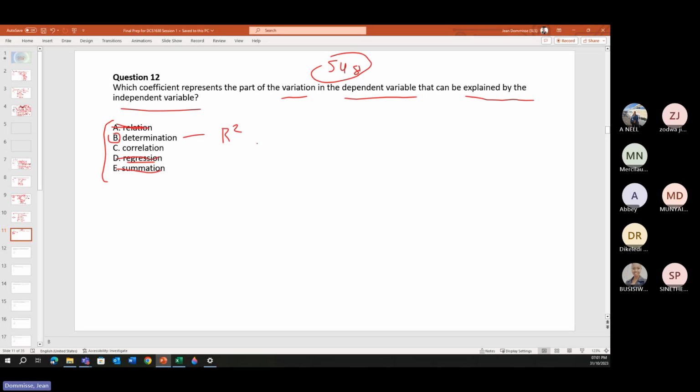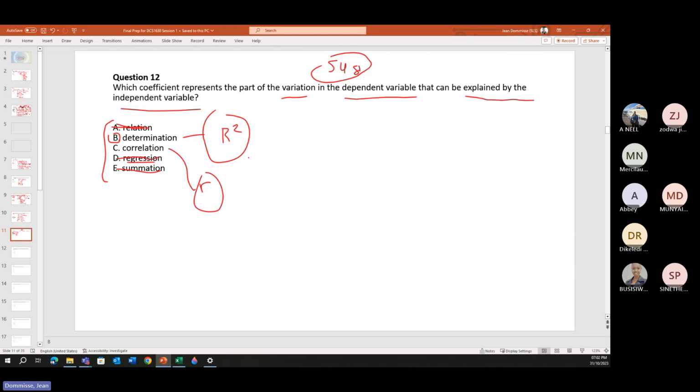Go and look at those definitions again, because they love to ask whether it is the determination one or the correlation one, that is R. Those are normally the two that you will get in some of the papers.